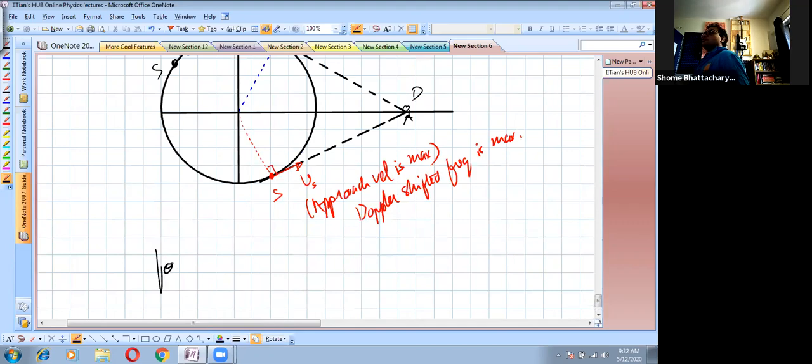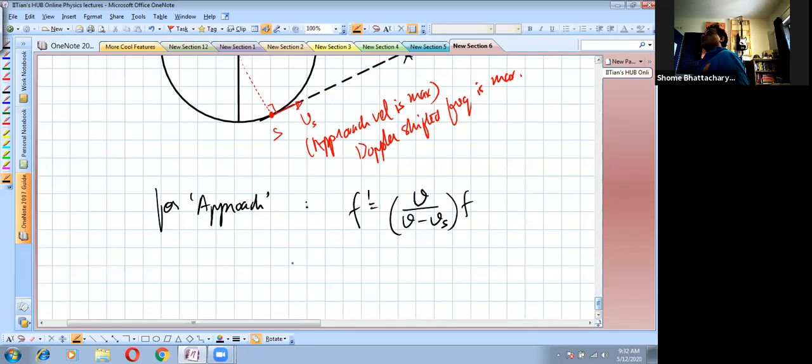So for approach, Doppler shifted frequency is V upon V minus Vs into F. So for maximum value, the value of Vs over here should become equal to the actual speed of the circular motion.